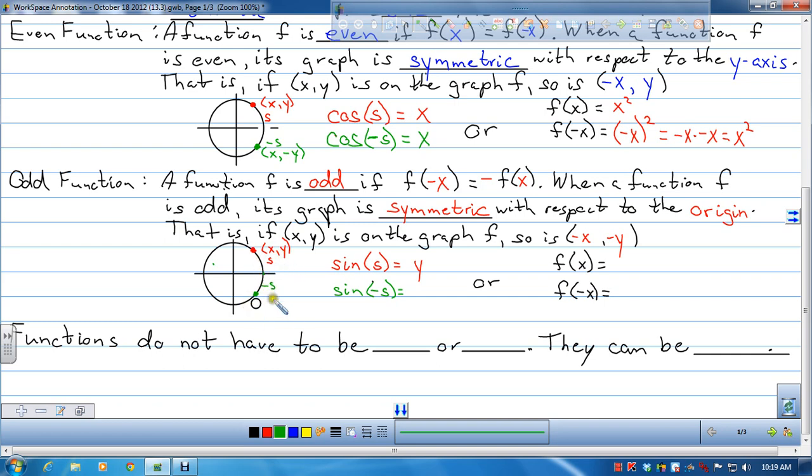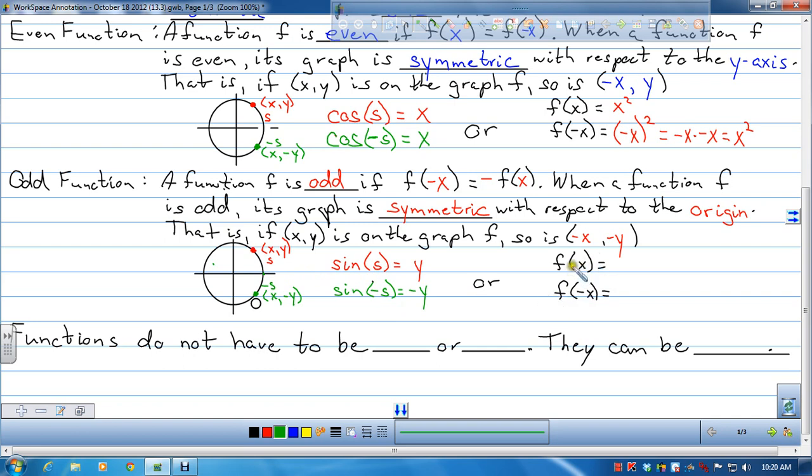That is x, negative y, right? So the sine of negative s is actually negative y. So when we plug in the opposite value, we get the opposite result, and that means it is an odd function.